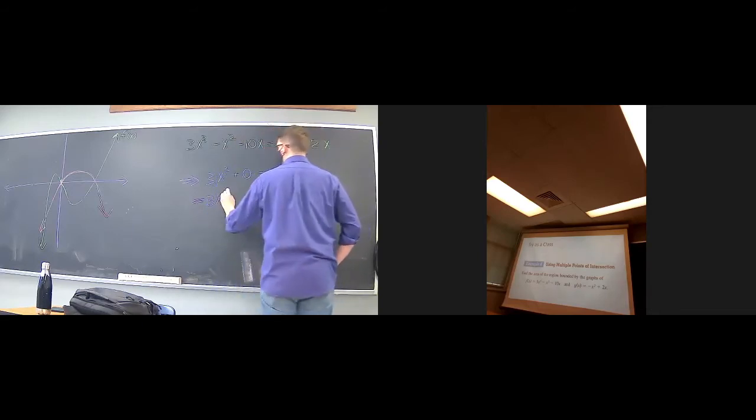So here, you're going to be able to factor out the 3x to get what's left inside is x squared minus 4. It's going to be equal to 3x times x plus 2 times x minus 2, right?